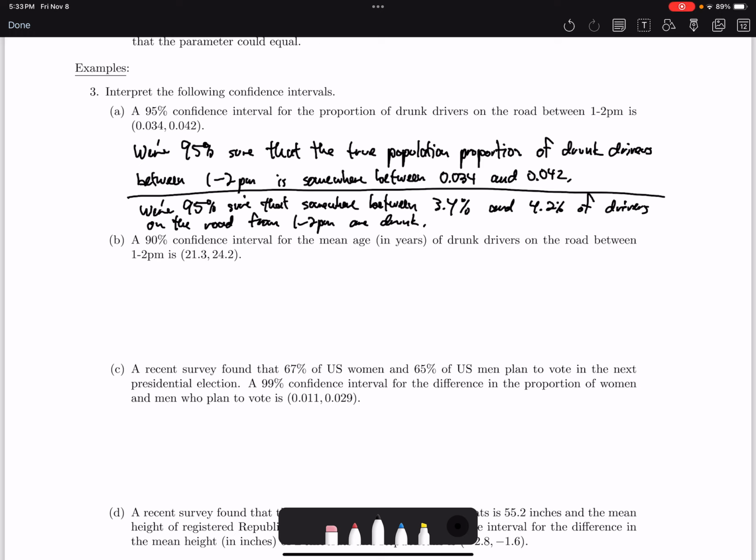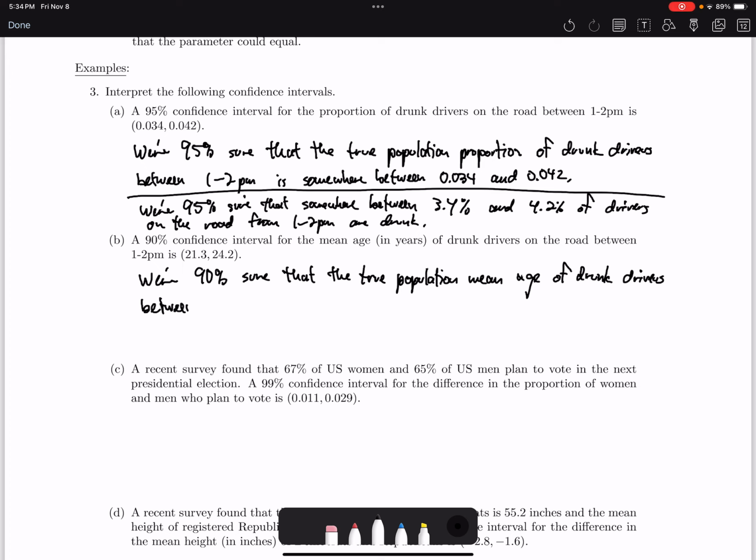I would say something like, well, we're 90% sure that the true population mean age of drunk drivers between 1 and 2 p.m. is somewhere between 21.3 and 24.2 years old.